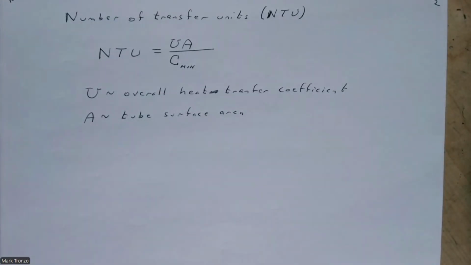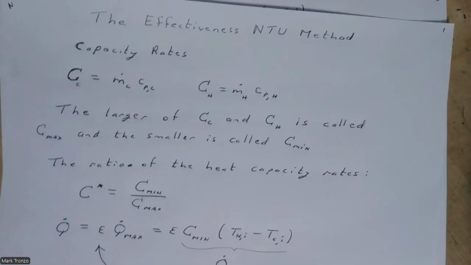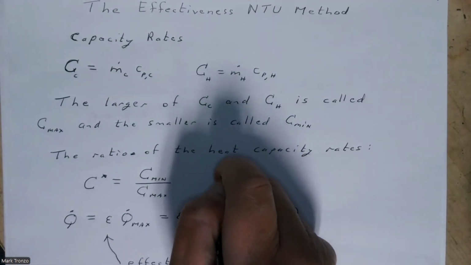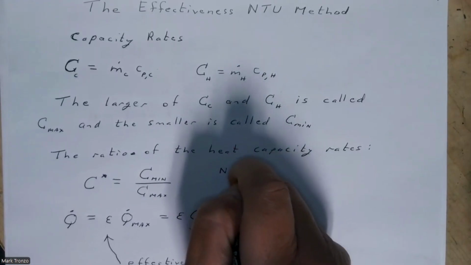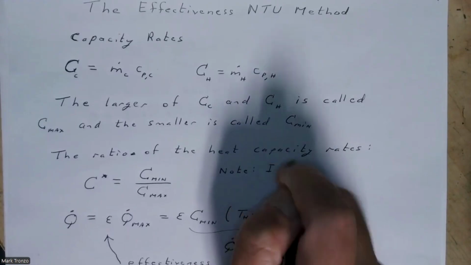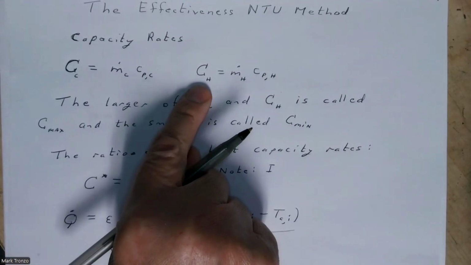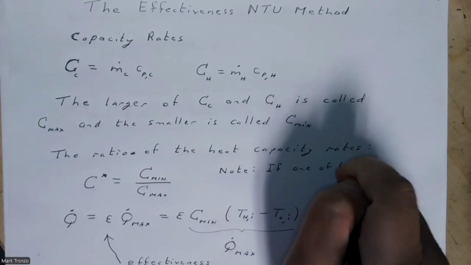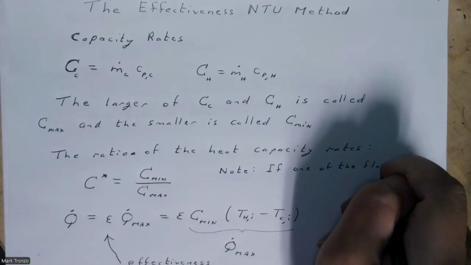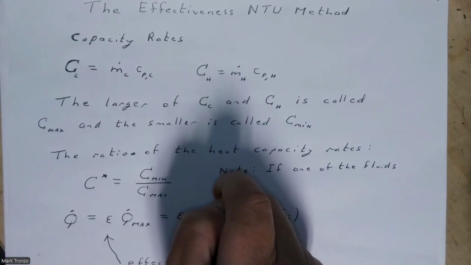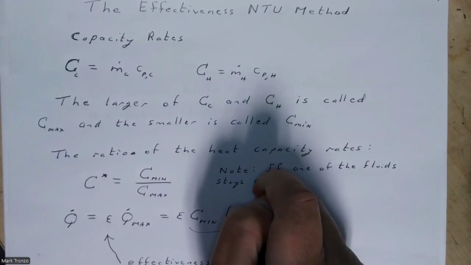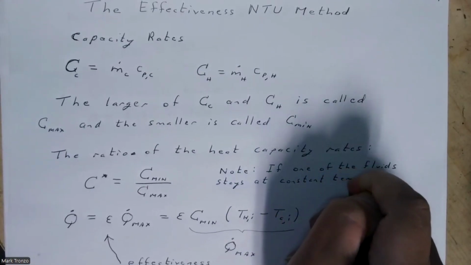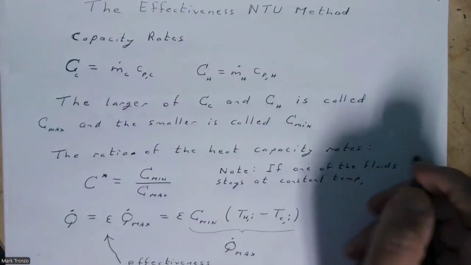Now, one thing I should have noted, going back to this C min and C max, is that if one of the fluids stays at constant temperature, then its capacity rate is going to approach infinity. Then that fluid becomes the C max.